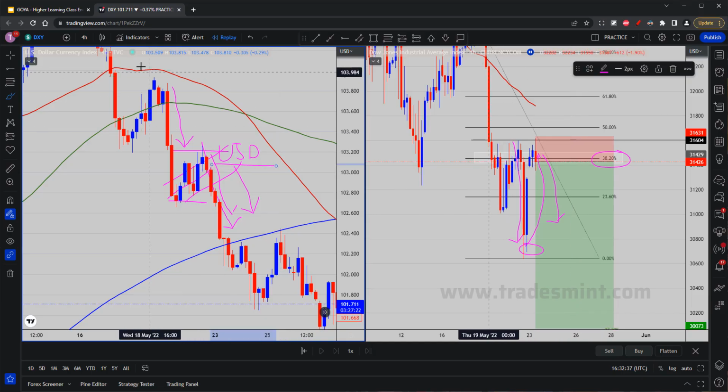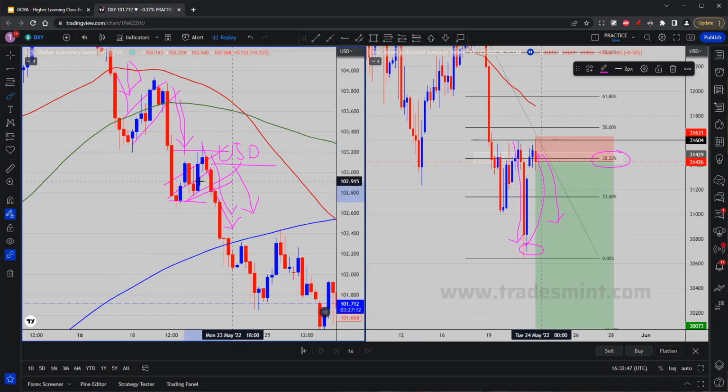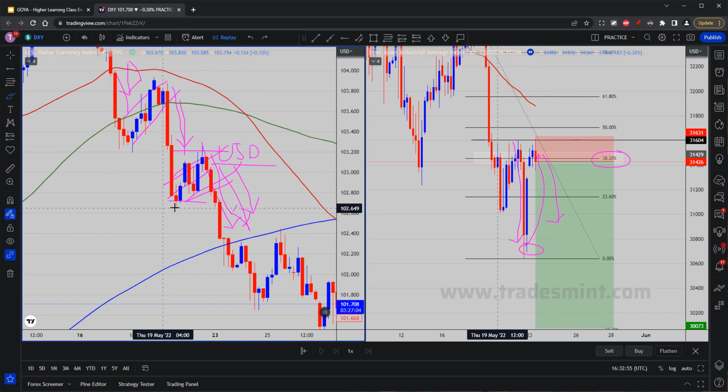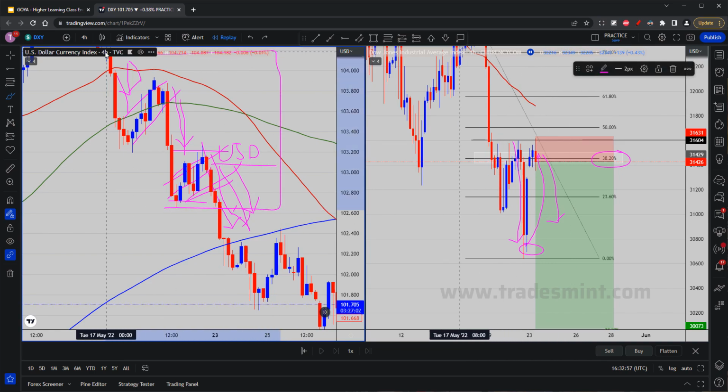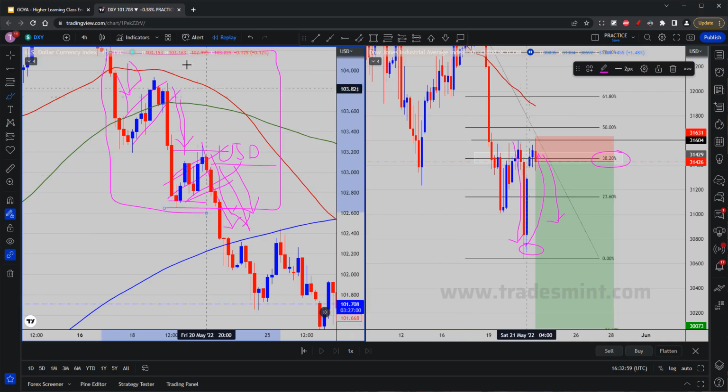And just by looking at the previous price action in the last few weeks, last few days, you can see that overall we're pushing down, we have a flag, we're pushing down, we have a flag consolidation, we're pushing down, okay, and now we're pushing down again. Technically, you wouldn't see the future, but from here to previously over there, you can see the pattern of DXY going down and down and down.